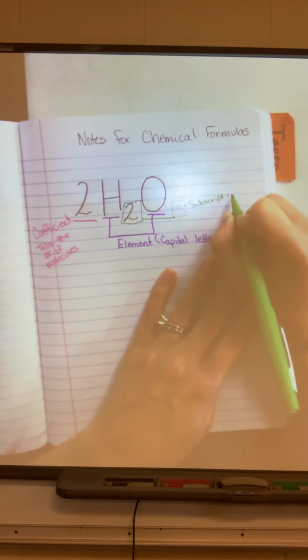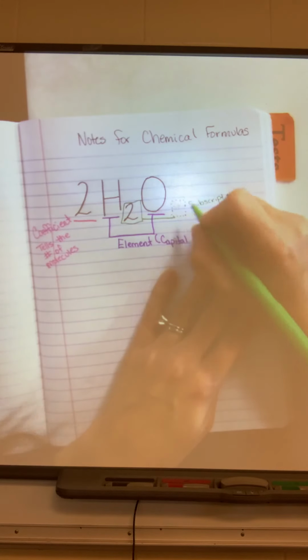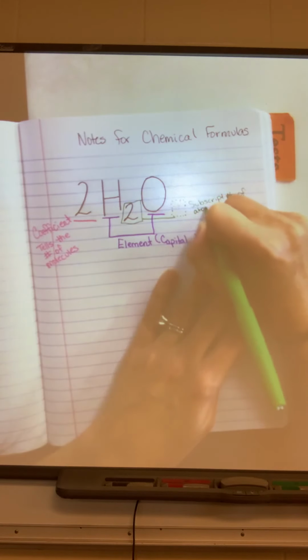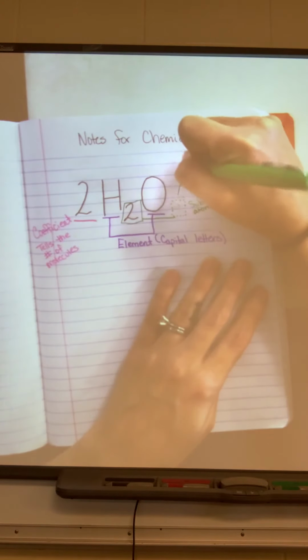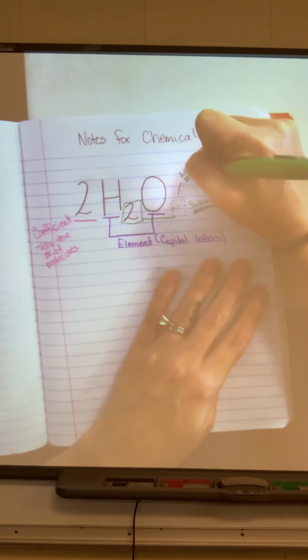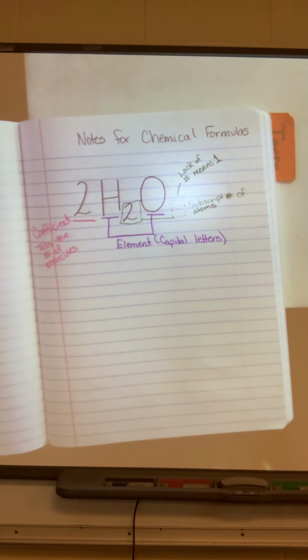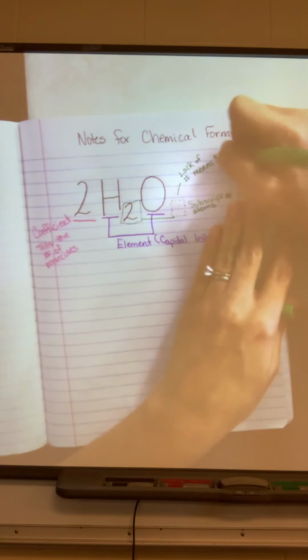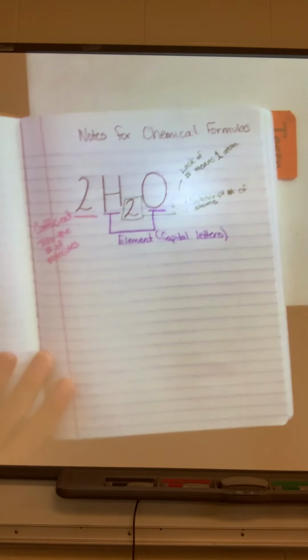And they tell me the number of atoms. And then the lack of number means I have one. We just don't put one down there. It's just understood. So it means I have one atom of it.